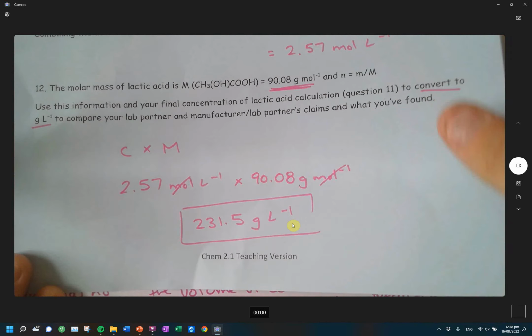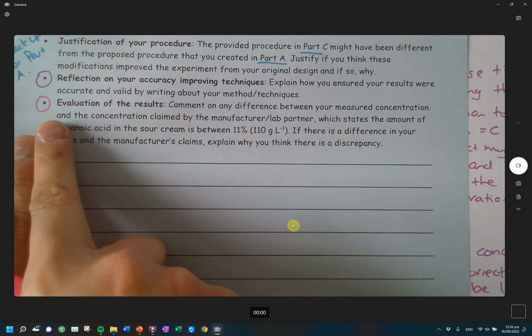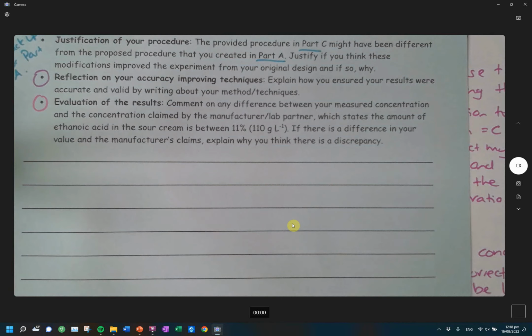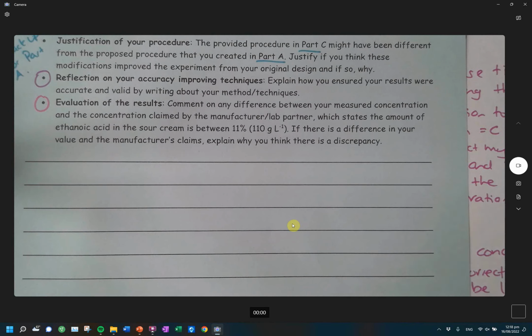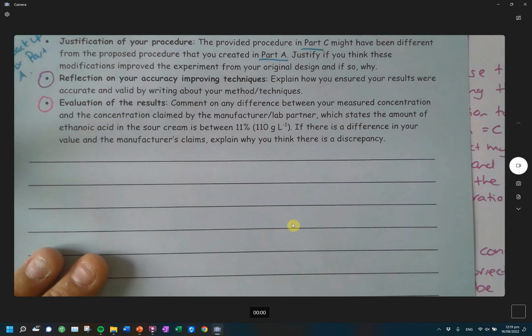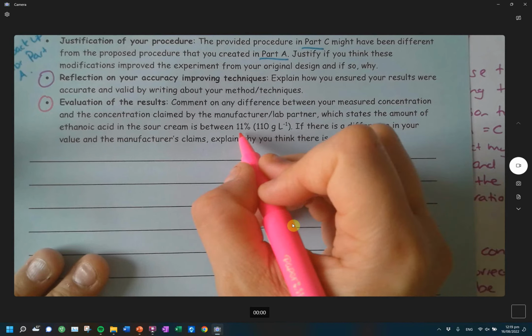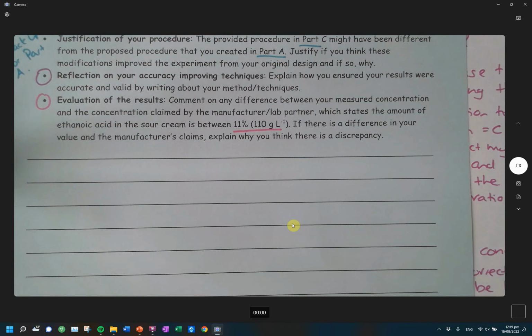Okay. So that number there, you are going to be using in this final bullet point, which is comparing the difference between what you've calculated and what the manufacturer or your lab partner is saying. My lab partner said that with the purification process, my concentration of the lactic acid should be 11% of the solution.